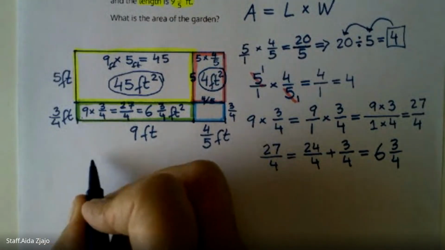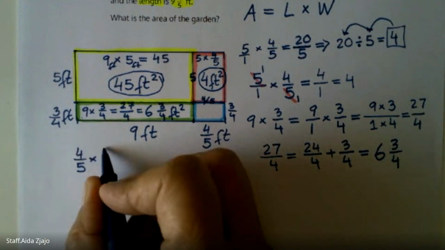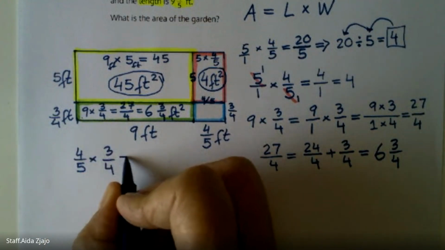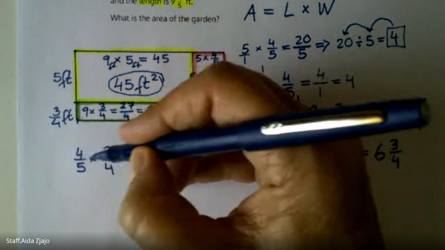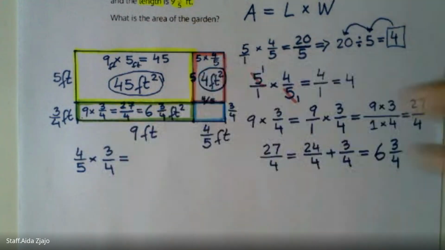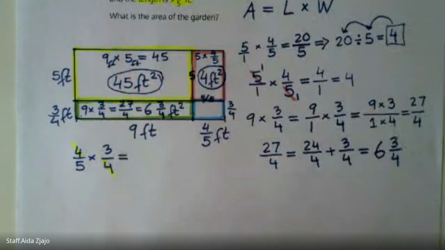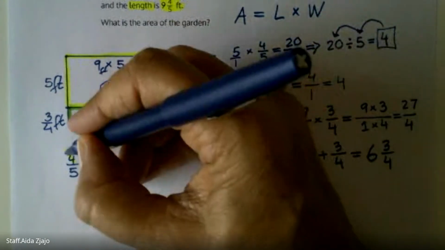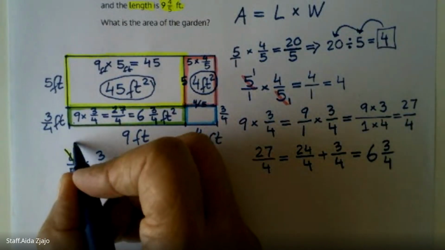So 4/5 times 3/4 equals. Here I can do simplification. I see 4 and 4, so I can simplify this by dividing by 4. 4 divided by 4 equals 1. 4 divided by 4 equals 1.